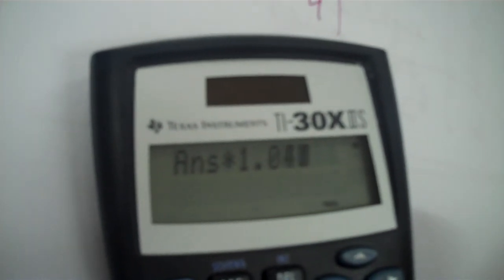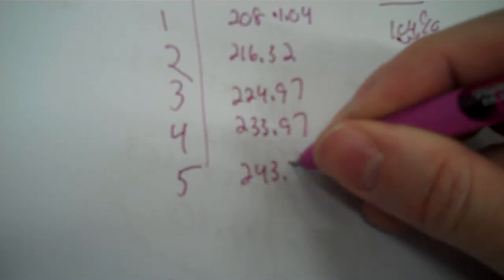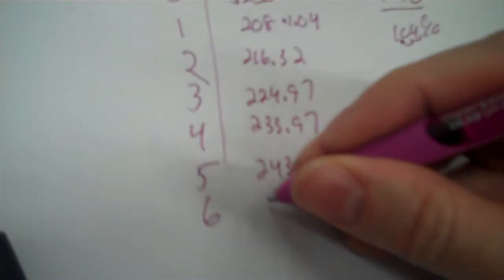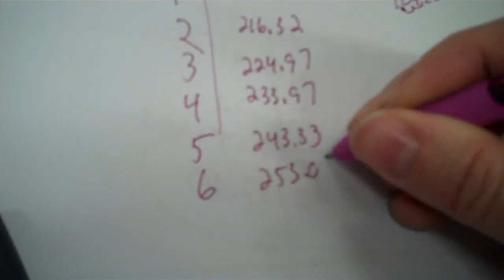224.97. Just 1.04 is what you keep multiplying by. 233.97. 243.33. 253.33. 0.06.